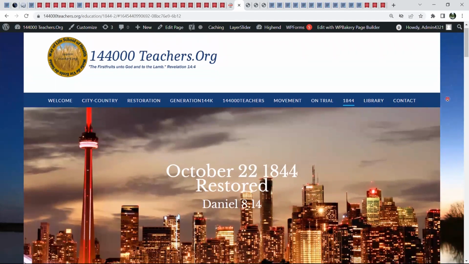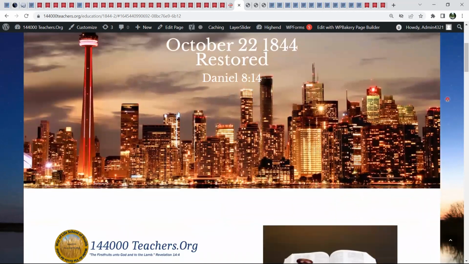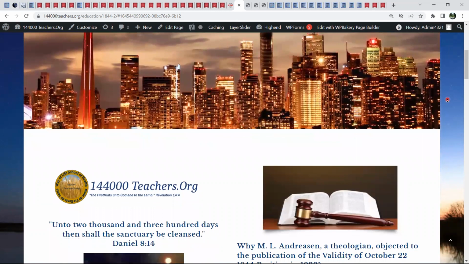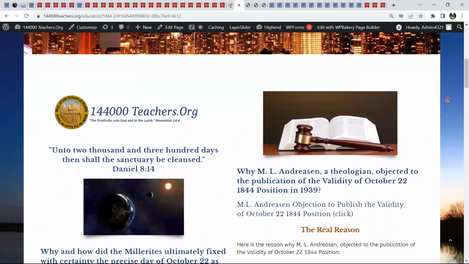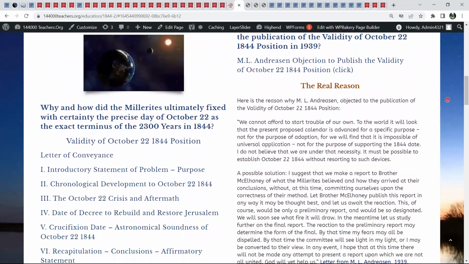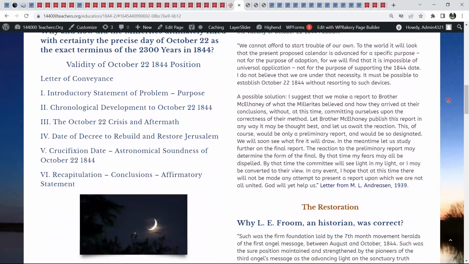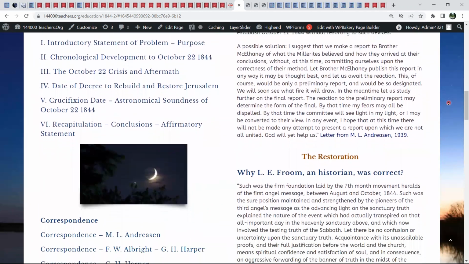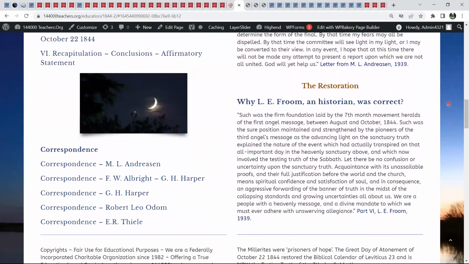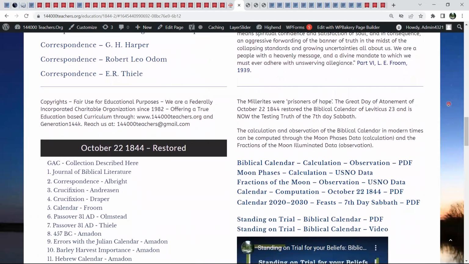And we recommend greatly that you study this because, again, this is where we got our knowledge of a common and embolismic year, which was a research that was reopened from the Millerites' writing in 1939, and which is here presented in a 6-part series with the letter of conveyance and the 6 documents that you see here, large documents, which has given us our basis to study the biblical calendar in 2007, when, quite by accident, we actually bought this collection, and that we show you here in 1844, the 22nd of October.